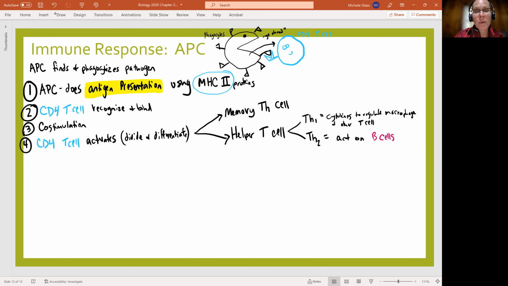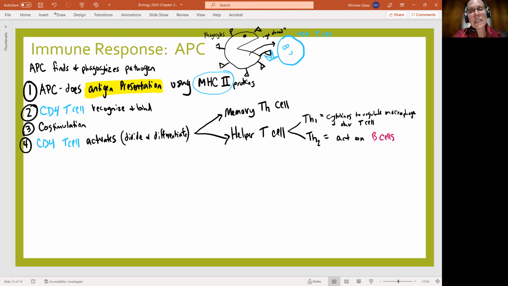And it speeds the whole process up. You don't have to go through all these steps to generate a helper T cell. Instead, they're there, they're available, and they become active as soon as that pathogen is encountered. So it makes this whole process super fast. Okay.